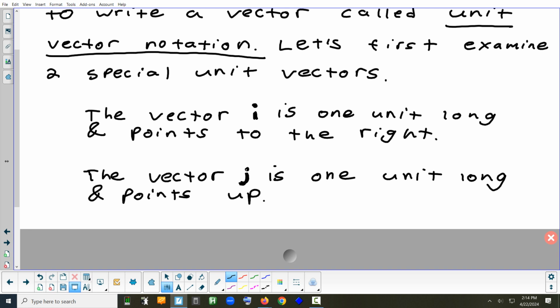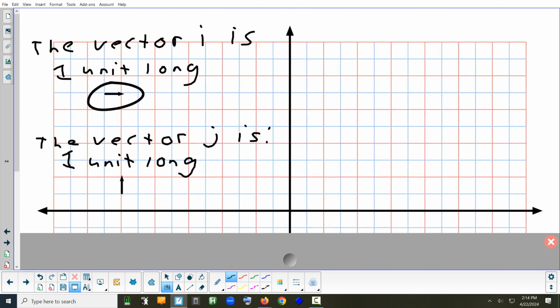So if you're doing a word problem and you need to pick a name for a vector, do not pick an I and do not pick a J. You also shouldn't pick K. We haven't talked about that yet. That's 3D. So you can pick any letter other than I, J, or K. I might not use the letter O. It could look like a 0. But technically, anything other than an I, J, or K is fine. Okay, and J looks like this. It's 1 unit long, and it points up.